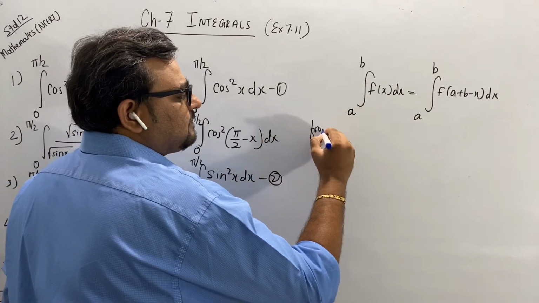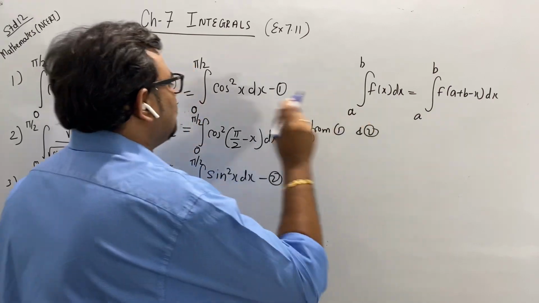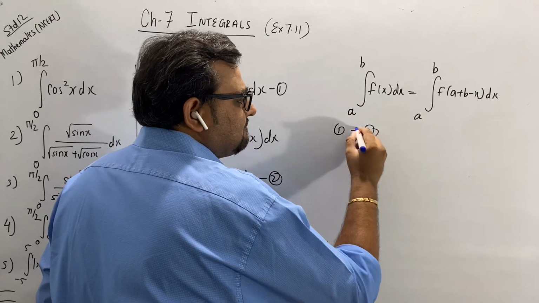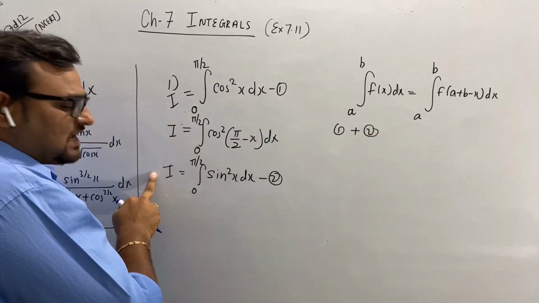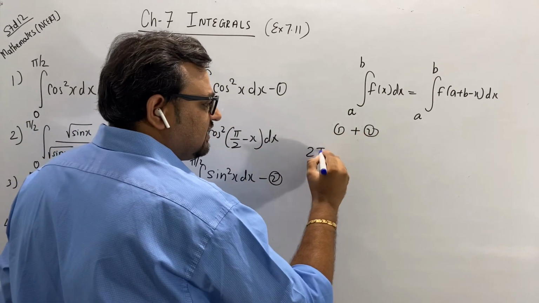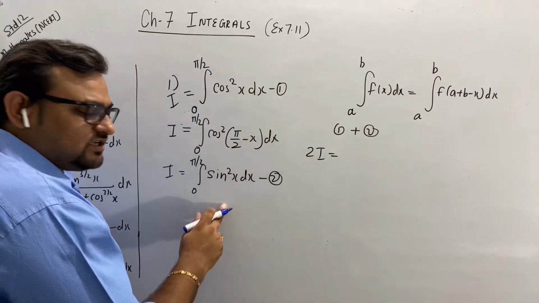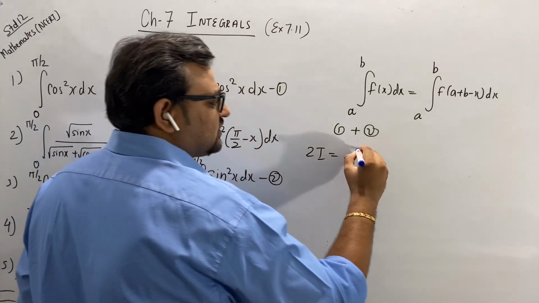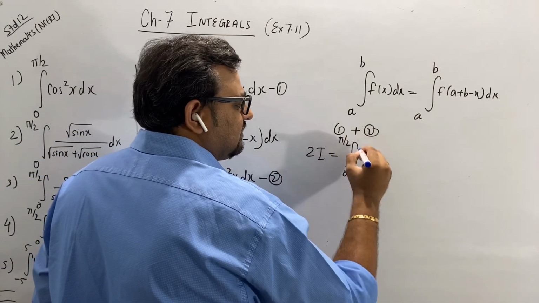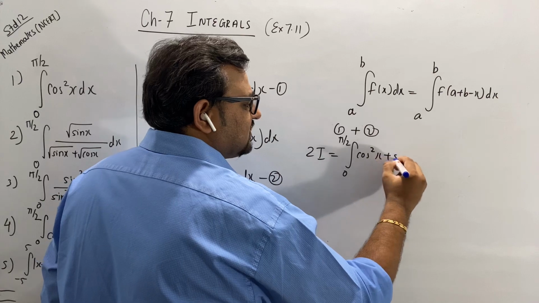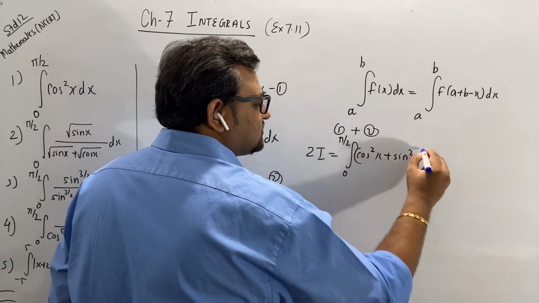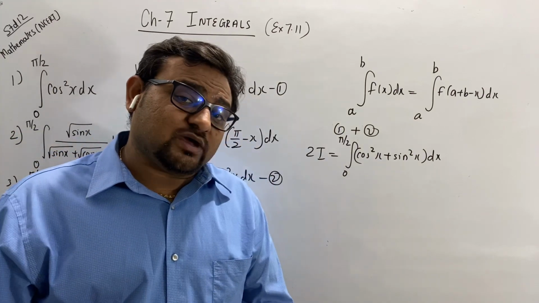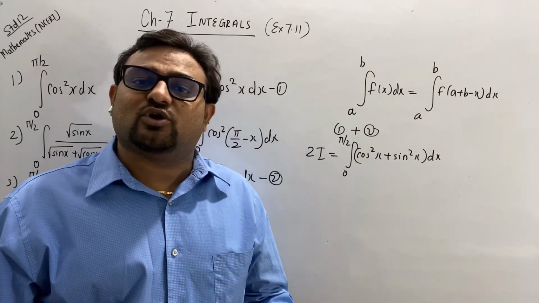So from 1 and 2, I can write down 1 plus 2. So I plus I, LHS is 2I. We will add this, see both are having the same limit, lower limit 0, upper limit pi by 2. So cos square plus sine square, I can add it, integral of cos square x plus sine square x dx. Now you know that the value of cos square x plus sine square x is equal to 1.